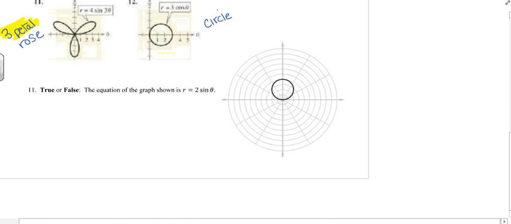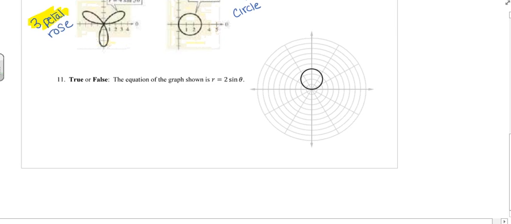All right, last one, and then we're going to call it a day in this long video. Number 11 says true or false. The equation of the graph shown is r equals 2 sine theta. Well, I like sine theta because we have as an axis of symmetry this line right here. I don't like that leading coefficient of 2.